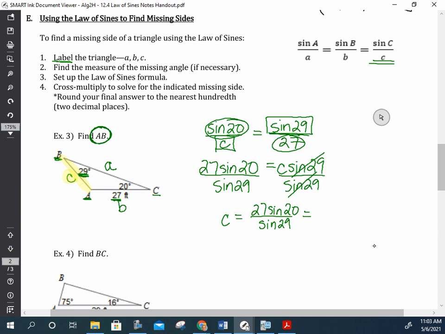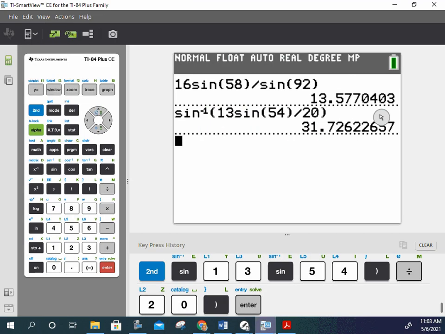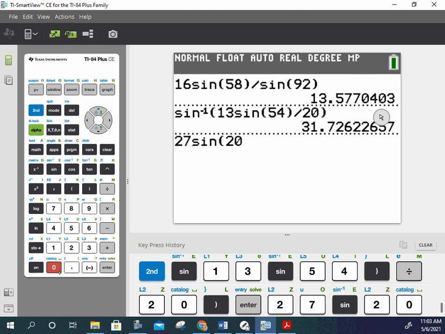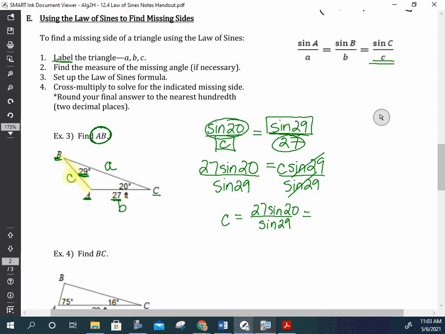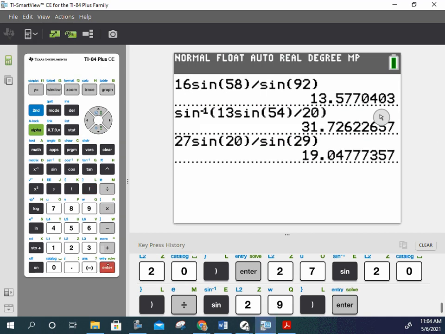So now we let the calculator do that work. 27 sine 20 divided by sine 29. That gives 19.047, so 19.05.